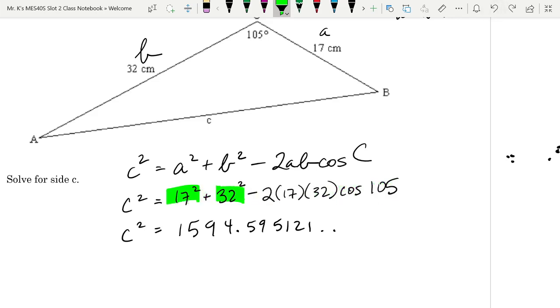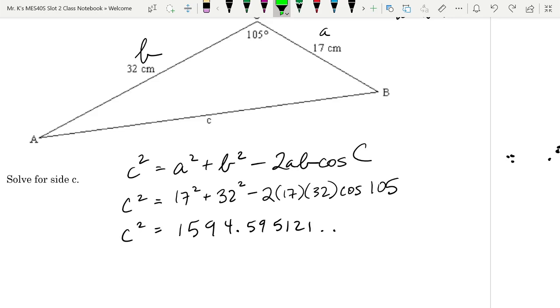Okay, so I'm going to get all this green stuff out of the way. Is there anybody who tried punching and didn't get this number? If anybody's using one of these calculators where you have to have the number on the screen first, it should still work. Person at home who's asking me the question, try going 17, then hit the squared button, plus 32, then hit the squared button, minus 2 times 17 times 32 times, and then you have to hit 105, hit the cosine button.